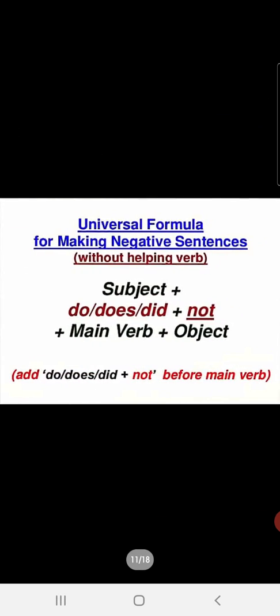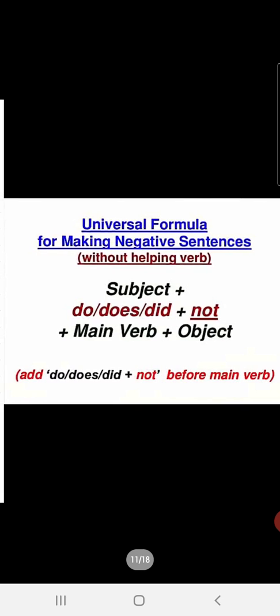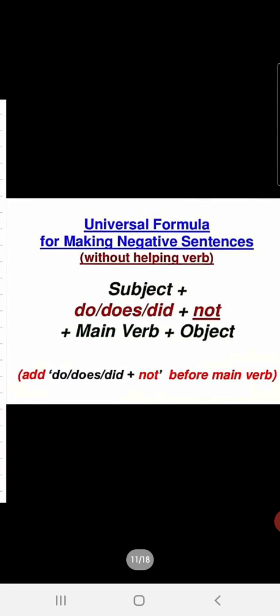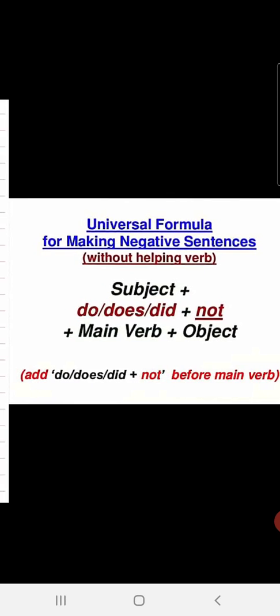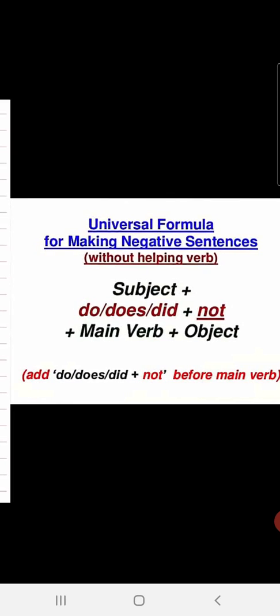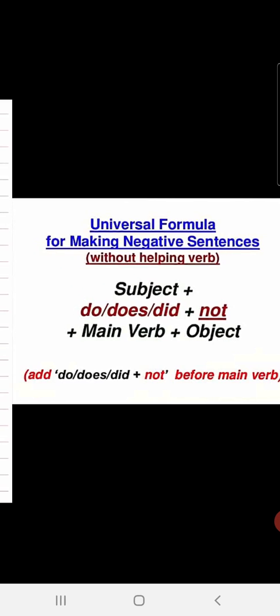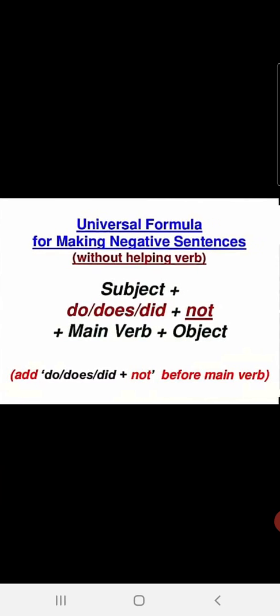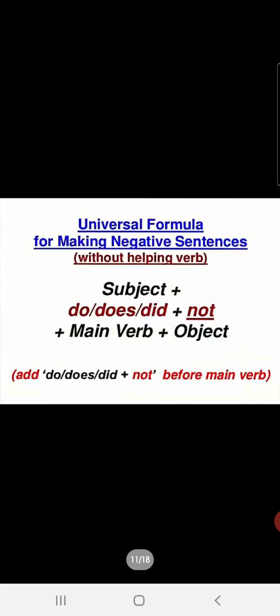Alright? Okay. Now, children, these sentences which we have seen till now were the easy ones. You just have to see the helping verb and put not after the helping verb. But these type of sentences which are there on your screen right now, in these, you don't have helping verbs, children.